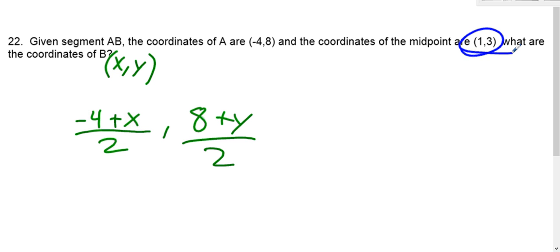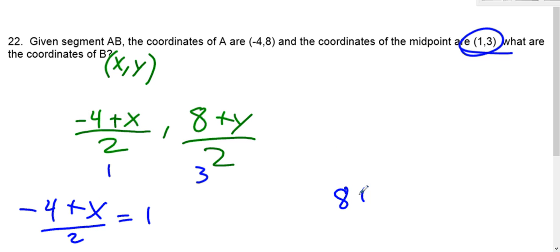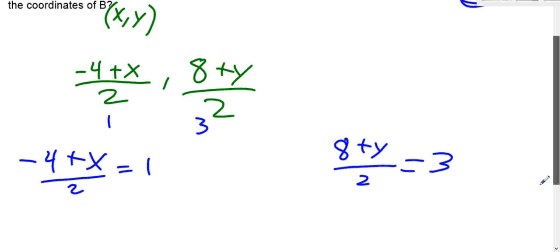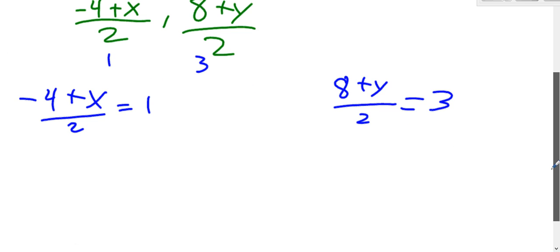That has to equal the midpoint, which is 1, 3. So negative 4 plus x divided by 2 equals 1, and 8 plus y divided by 2 equals 3. And we'll solve that out.